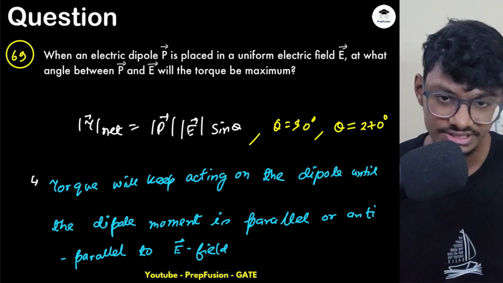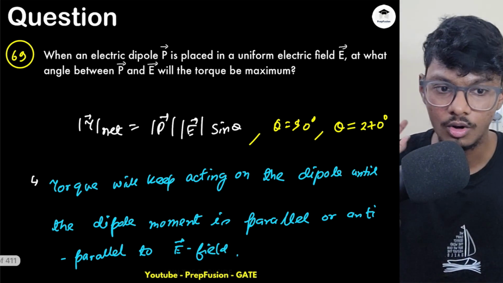Okay, so it will reach equilibrium when the dipole is parallel or anti-parallel to the electric field.